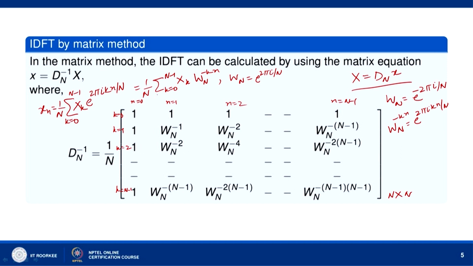When k equal to 0, n equal to 0, W_N to the power 0 will be 1. So, when k equal to 0, W_N to the power minus kn will be 1. Okay. So, we get this 1 here.